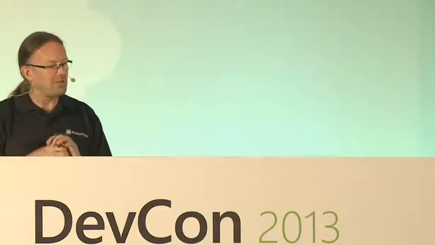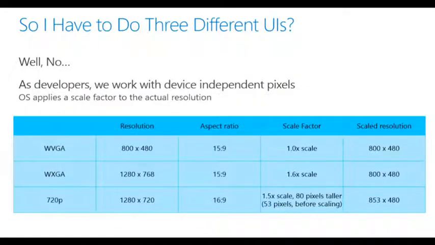So we're working now with something you can call device-independent pixels, if you like. In Windows Phone 7, we've always designed to an 800 by 480 screen. So essentially, the message here is you carry on developing to an 800 by 480 screen, because the aspect ratio is exactly the same. That will give you exactly the same layout on a WVGA and on a WXGA.